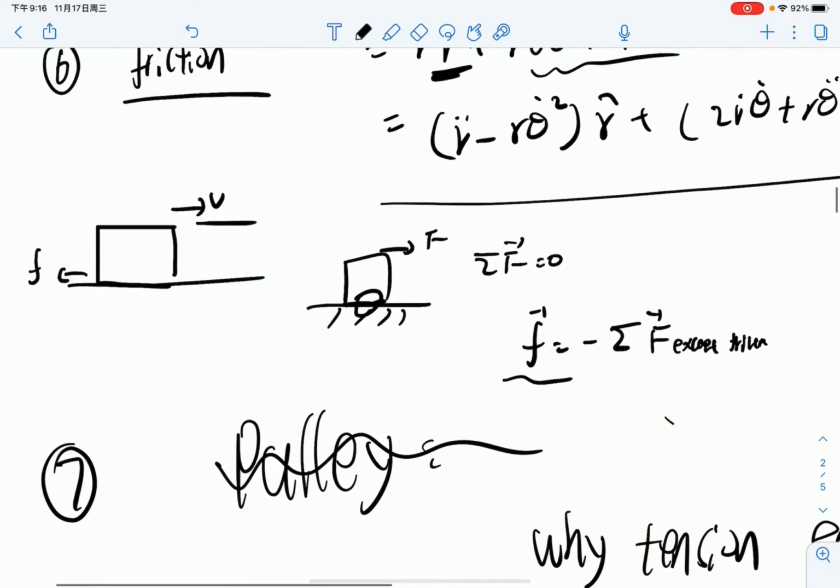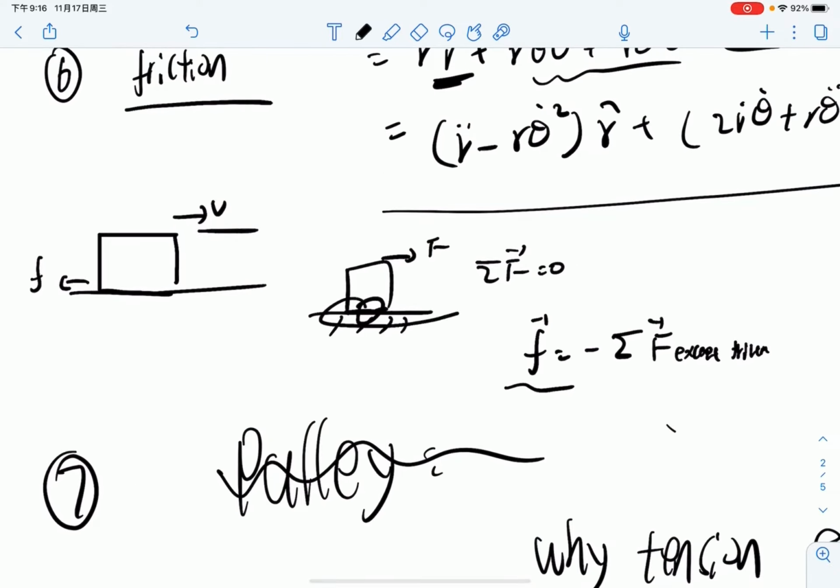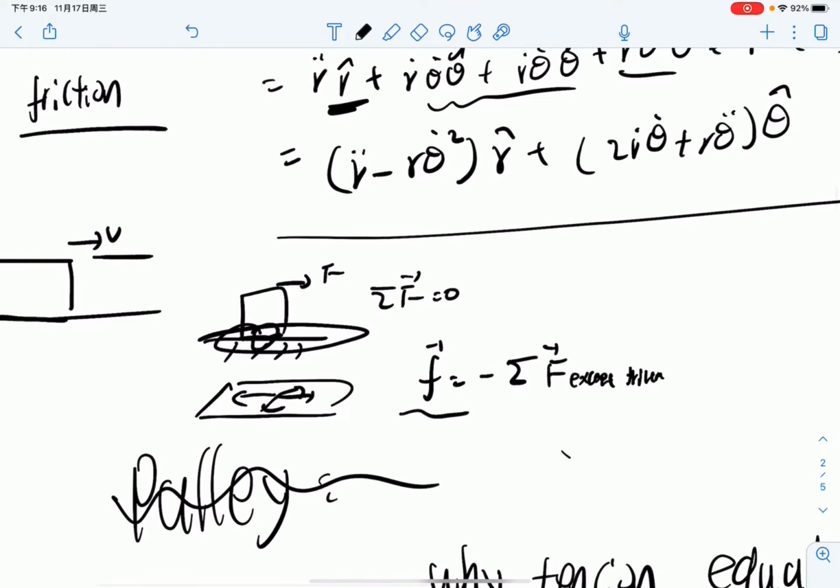And the direction of the friction is always parallel to the ground. It can't go up. It must stay on the plane.